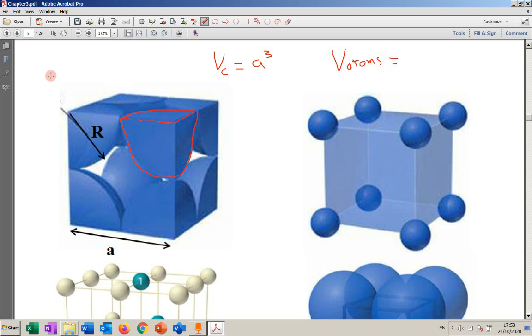Imagine you have a cup of water. You know the volume of this cup, and there is water inside it. Let's say the volume of the cup is 100, whatever it is, cc or milliliter. Let's say the volume of the water inside it is 50.